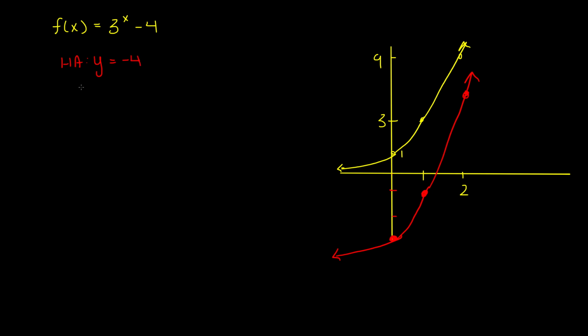This means that my range changes: y is greater than negative 4. And my end behaviors: as x approaches negative infinity, y approaches negative 4. As x approaches infinity, this still is the same, y approaches infinity.